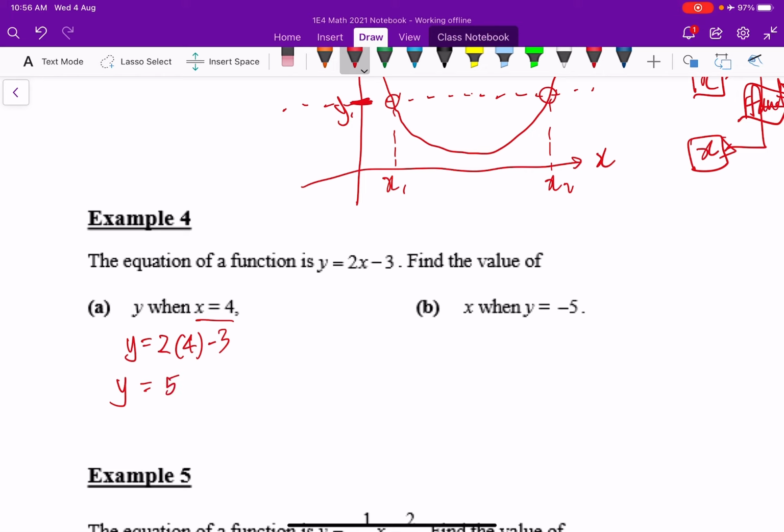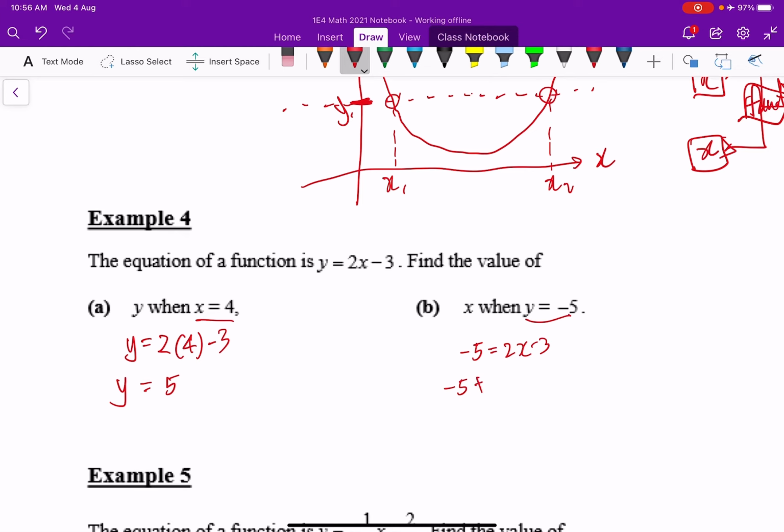Whereas the other one, they want to find x when y is given as negative 5. So I substitute negative 5 into the equation. I do some algebraic manipulation here. The negative 3 has to bring over, it becomes positive. I'm going to write it nicely for you to see.